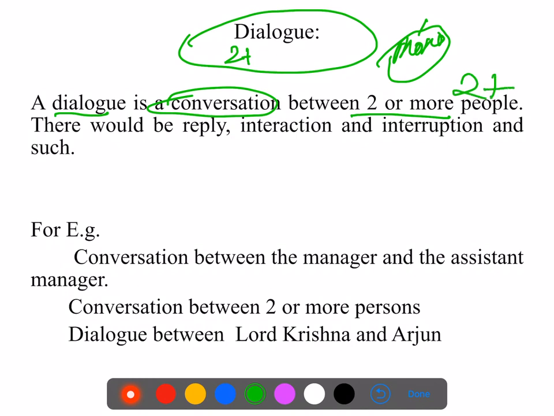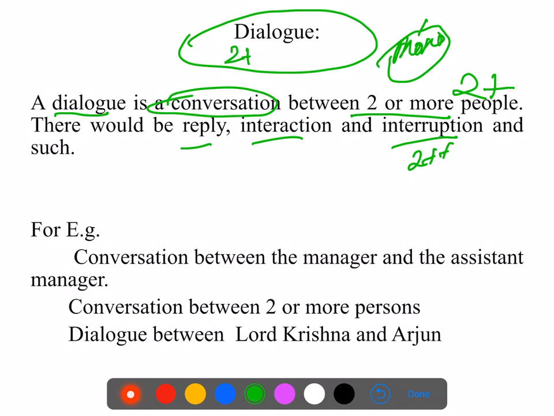In this, there would be instant reply, unlike monologue. There would be interaction throughout, and there would be interruption, unlike in monologue. It could be a chit chat, a confabulation, a conversation, and many more.